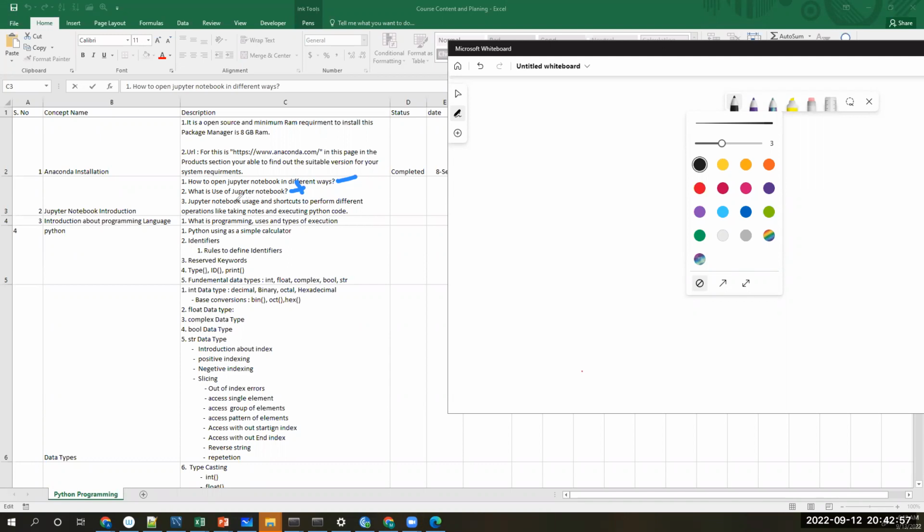Data visualization. Not only data visualization. We can create documents.